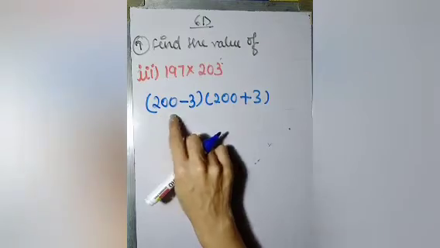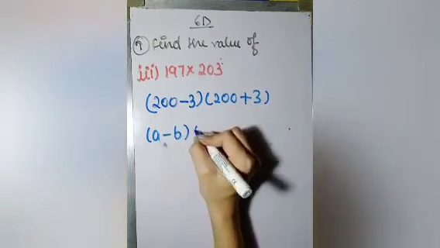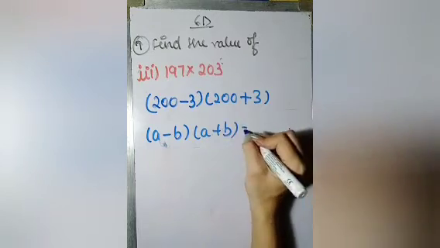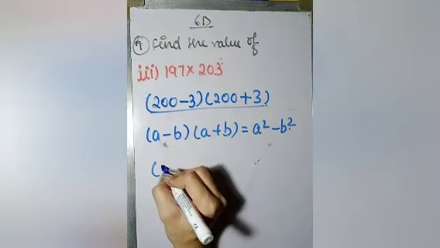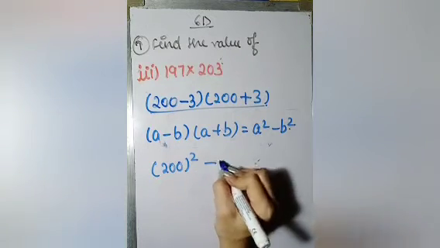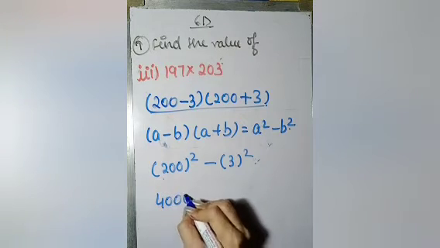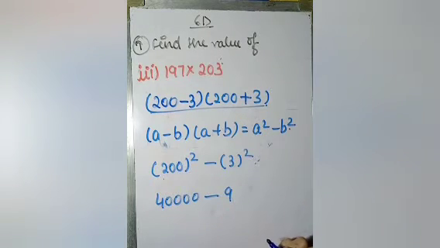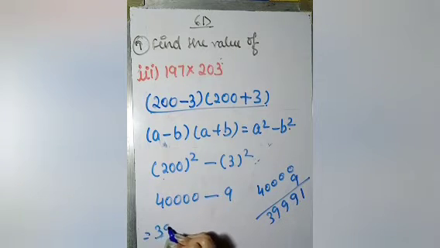Now this is a minus b and a plus b, isn't it? And we can write this as a square minus b square. So we can write it as a square minus b square. Square of 200 will be 40000 minus 9. Let's do the subtraction. It is 39991. This is the answer.